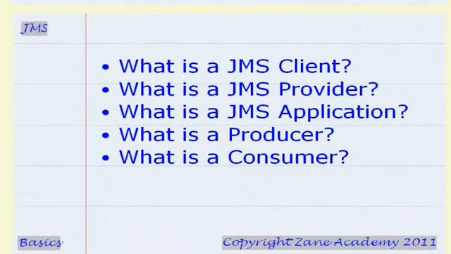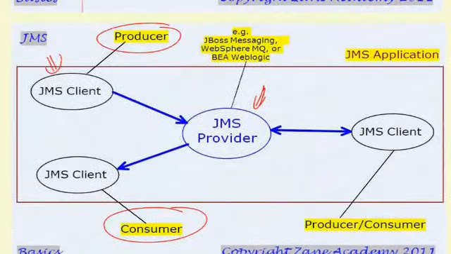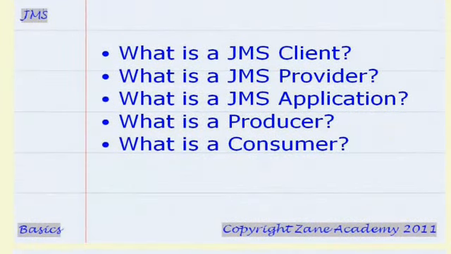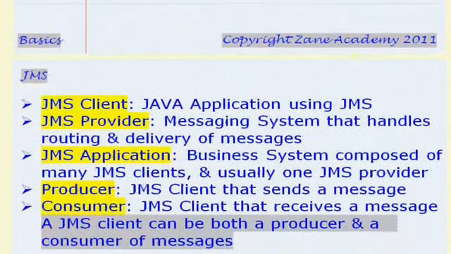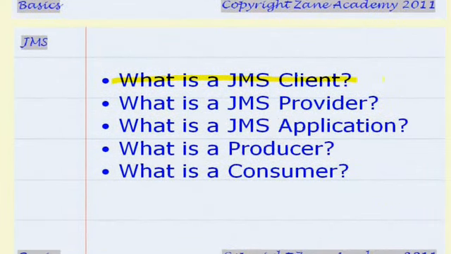Let's quickly define each one of the actors that we talked about in the diagram. What is a JMS client? A JMS client is a Java application that is using JMS. What is a JMS provider?